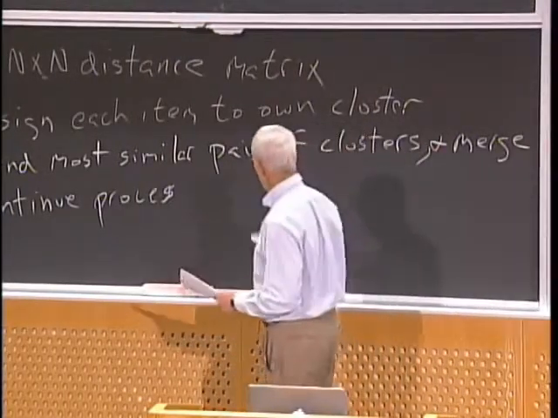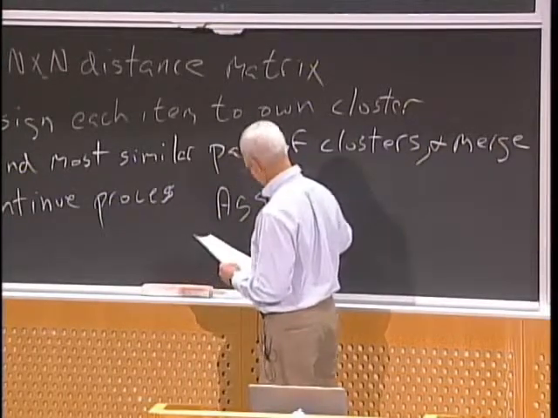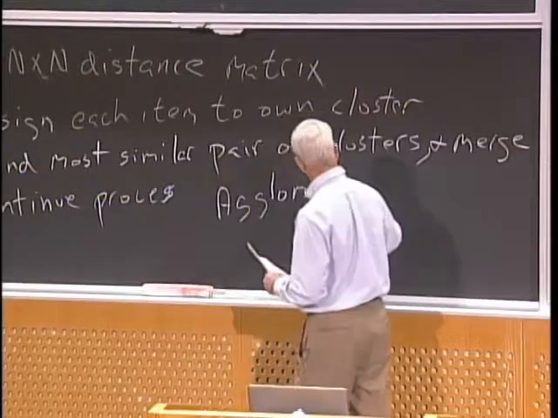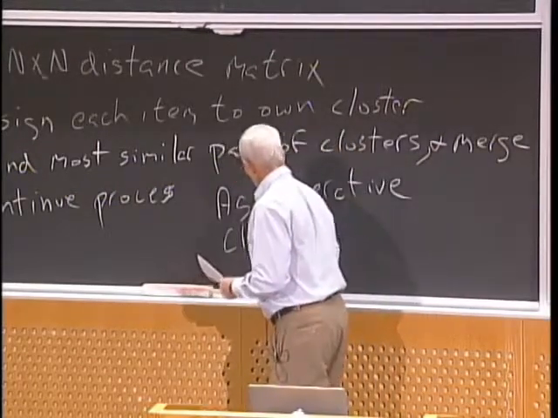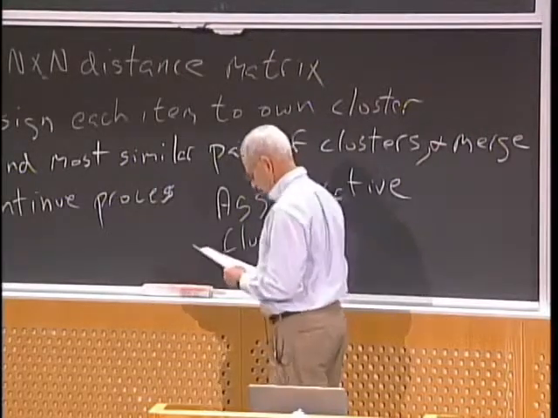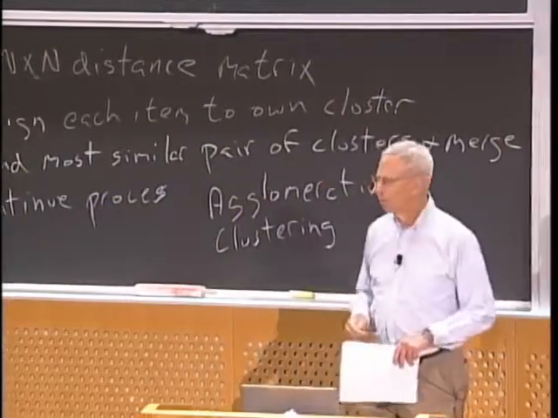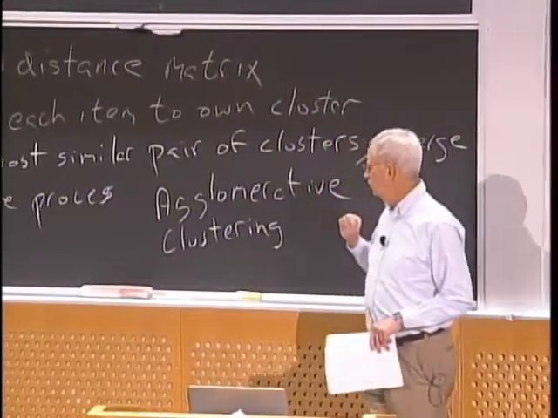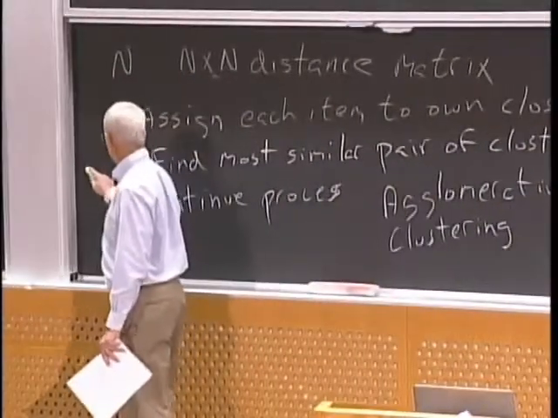This kind of hierarchical clustering is called agglomerative. Why? Well, because we're combining things. We're agglomerating them. So this is pretty straightforward, except for step 2.